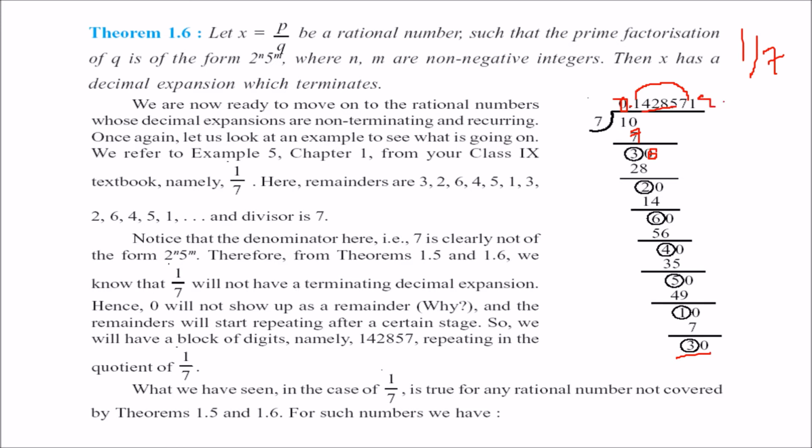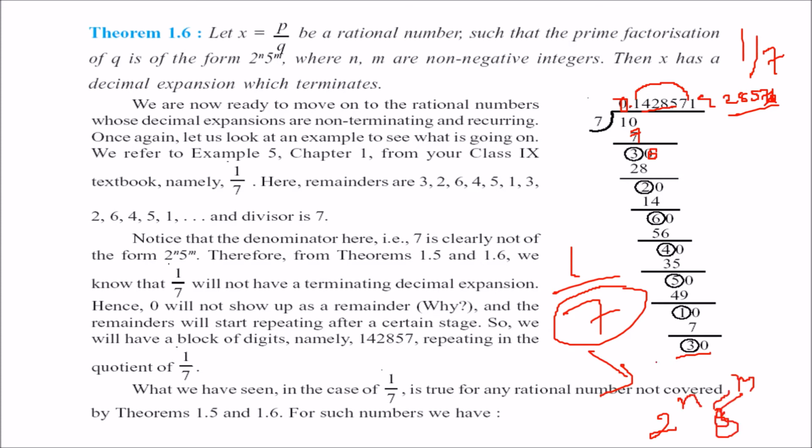That means you will get 1 4 2 8 5 7, 1 again, then 7 again. So this will be repeating, and you can say non-terminating or recurring. How did you get here? See 1 by 7: the denominator is not of the form 2 to the power n, 5 to the power m.